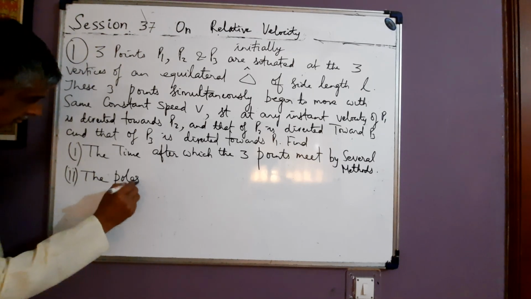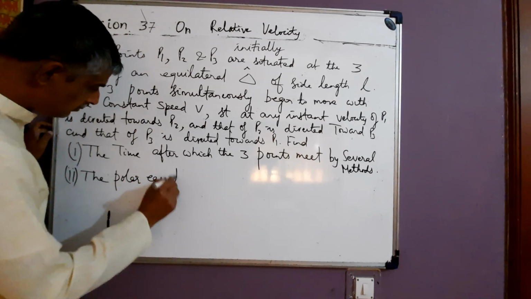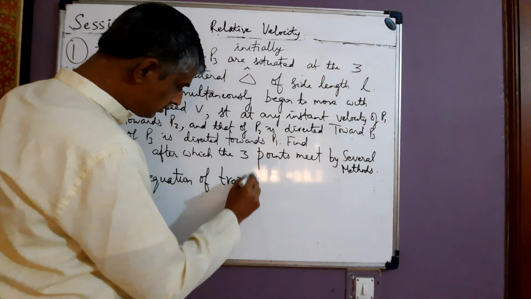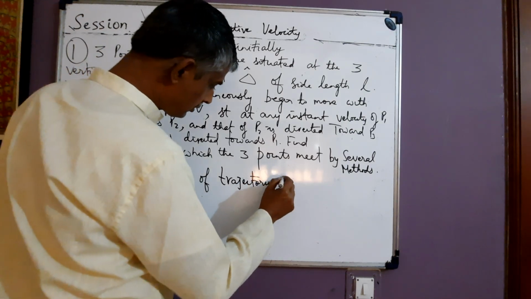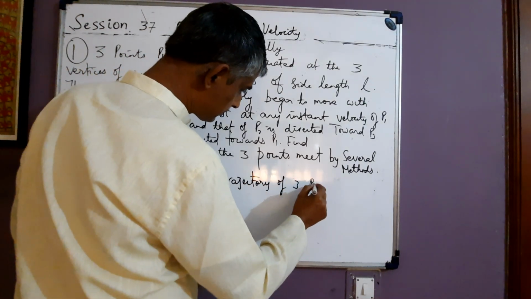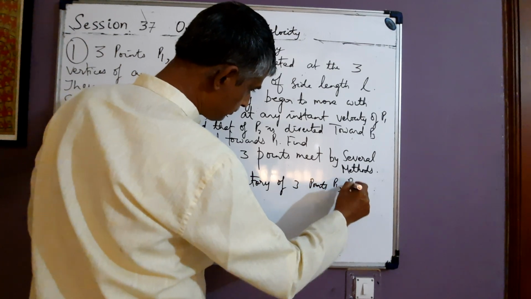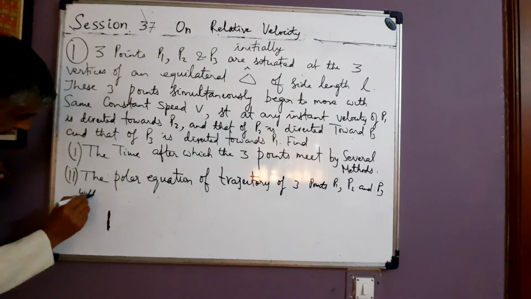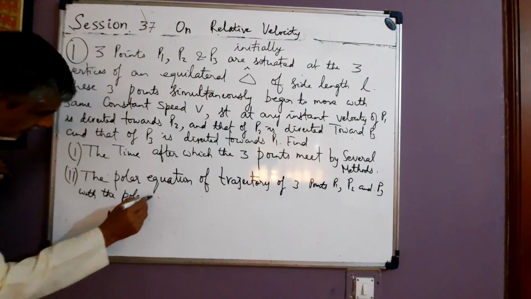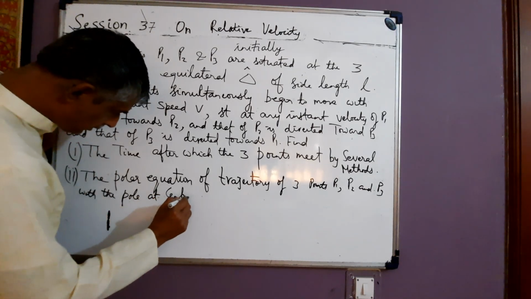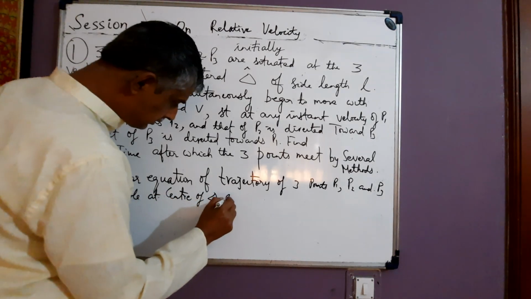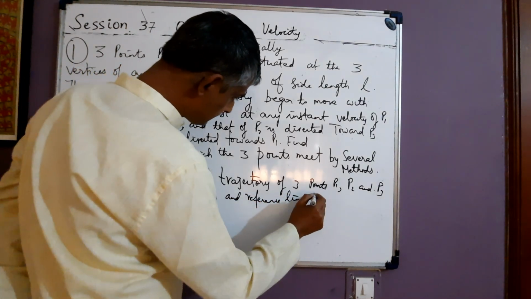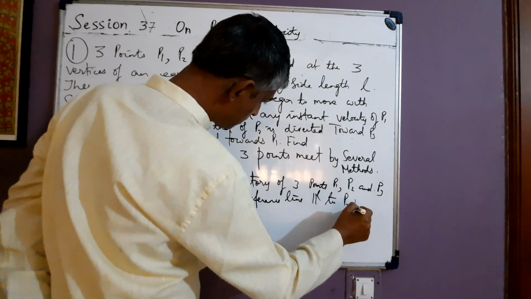The polar equation of trajectory of 3 points P1, P2 and P3 with the pole at the center of triangle and reference line parallel to P2, P3.